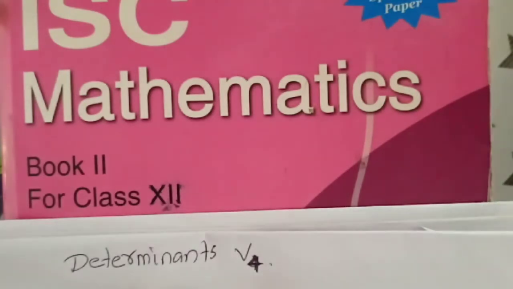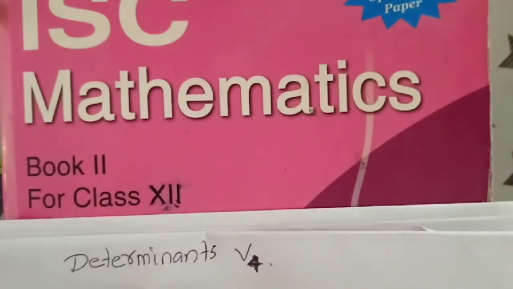Property 1 is if two rows or columns of a determinant are identical, the value of the determinant is 0. Then second property, if we interchange any two rows or columns of a determinant, then the numerical value remains the same, but the sign changes.